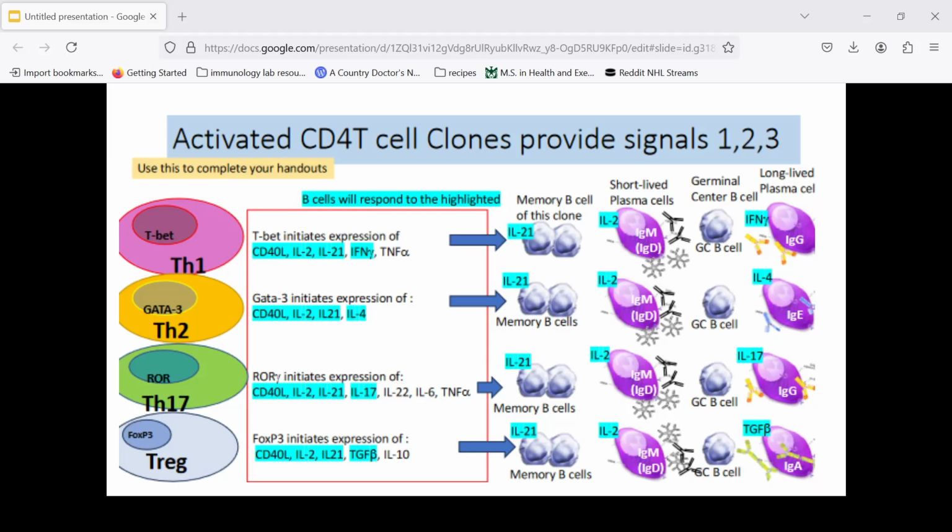So we'll call it IFN-gamma and IL-2. I'm not 100% certain on that, which is probably a good sign that it's not super important in terms of memorizing for the exam. For our other signal 2 and our other signal 3, those are going to come from our T helper. And we're going to assume this is a Th1.